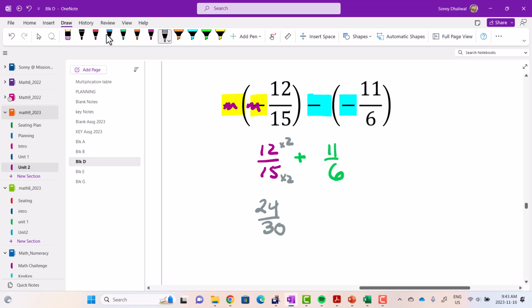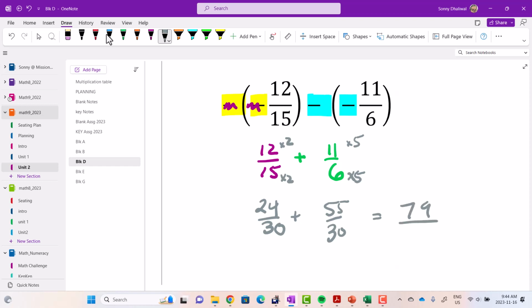Second fraction, what do we need to multiply by? 5 times 5 times 5. All right, that gives us 55 over 30 with a little plus sign. We add those numbers together, 79 over 30. So remember the denominator is staying the same here. It doesn't change. All right?